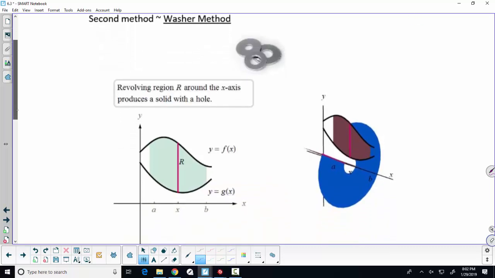Second method, it's a more general version of the disk method. So remember, this setting here with our region in green, that's the setting we were in in 6.2. So we moved to finding areas of more general regions like this. But now we're going to take a region like this and revolve it around, let's say, the x-axis or the y-axis or whatever.